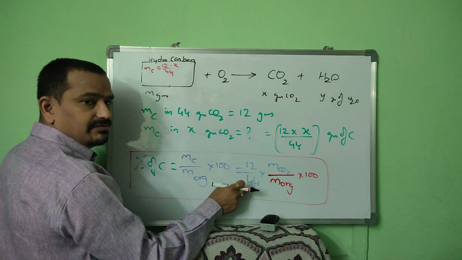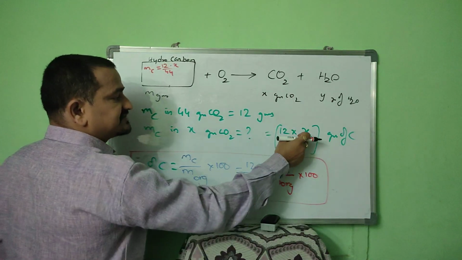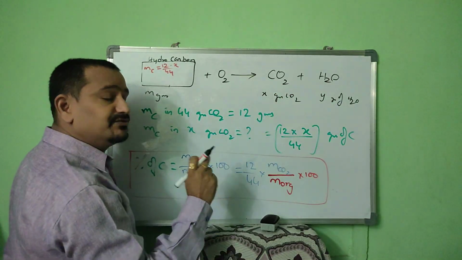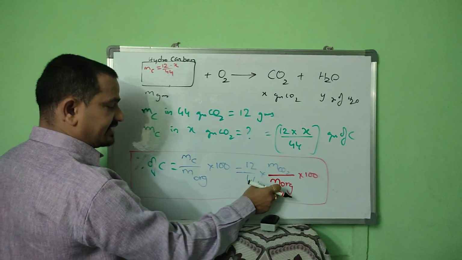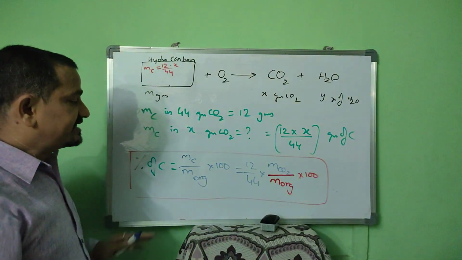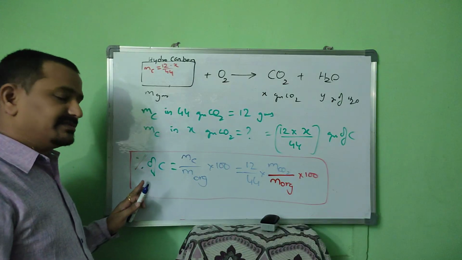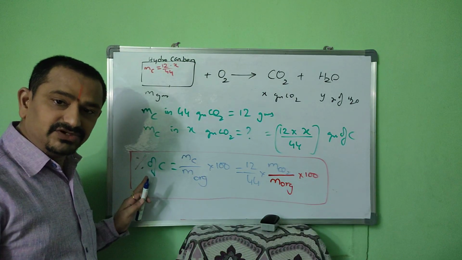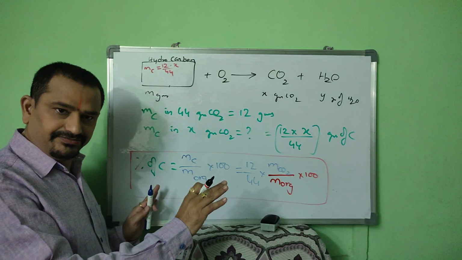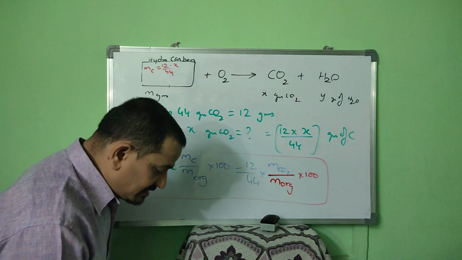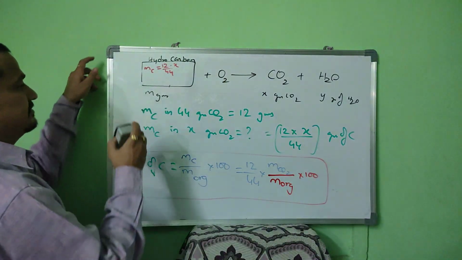So 12 by 44 into x, where x is the mass of CO2 obtained, out of mass of organic compound into 100. We have to use this formula for the determination of percentage of carbon, and remember this relation. So this is about calculation of percentage of carbon.